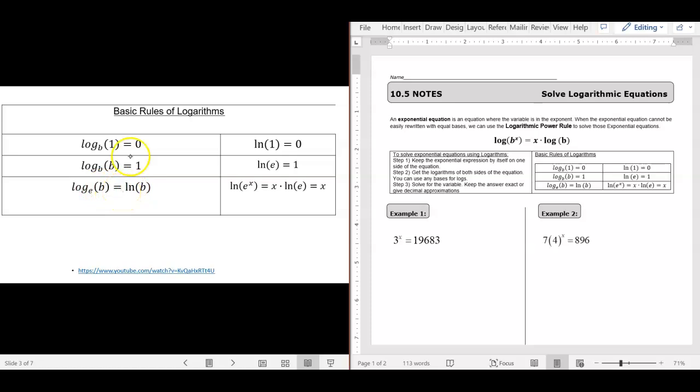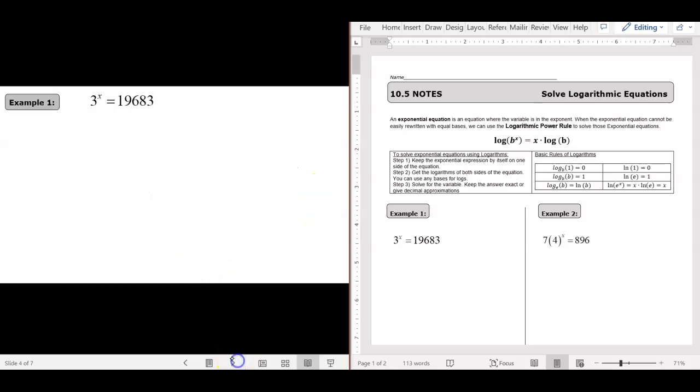So natural log of 1 is also 0. Natural log of e, because the base is e, is going to equal 1. And then natural log of e to the x, you pull out x in front, and then natural log of e, we already know is 1, so x times 1 is x, okay? There's a YouTube there, but let's keep going.